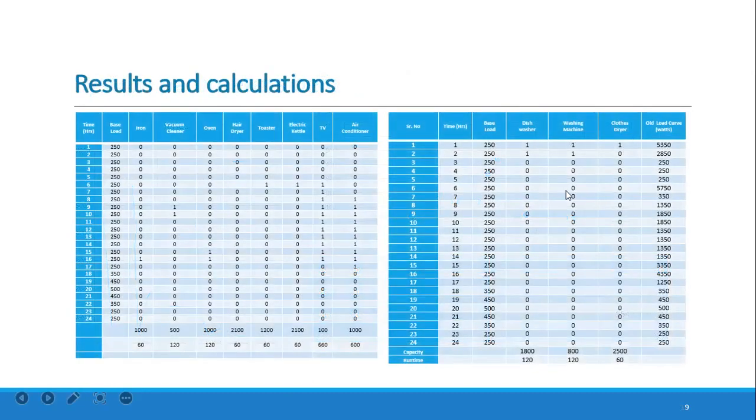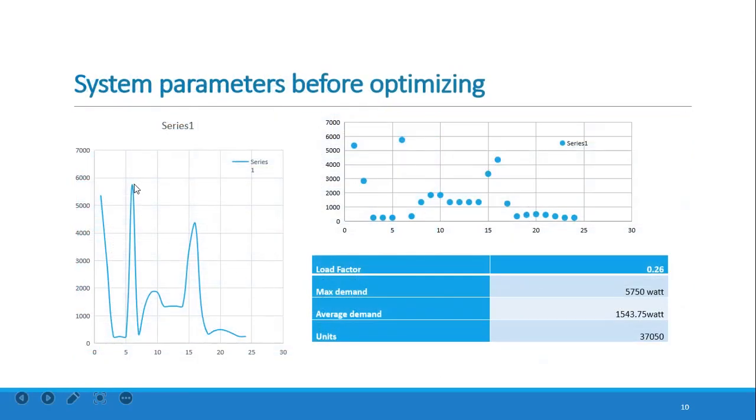From the system, we can see that at the 6th hour of the day, 5,750 watts of energy is being utilized. After 1 or 2 hours, it goes very low and then it goes up again. So this is the representation of the load curve: 5,300 something, then it goes down to the minimum value, then up to the maximum value.